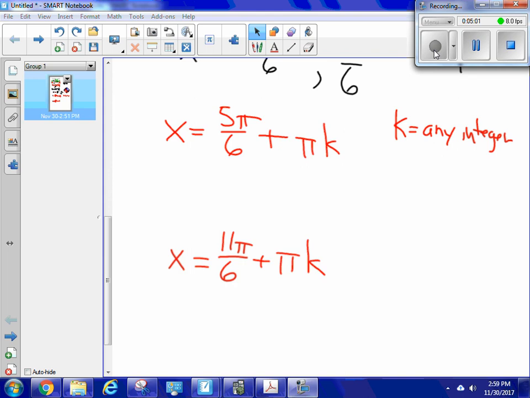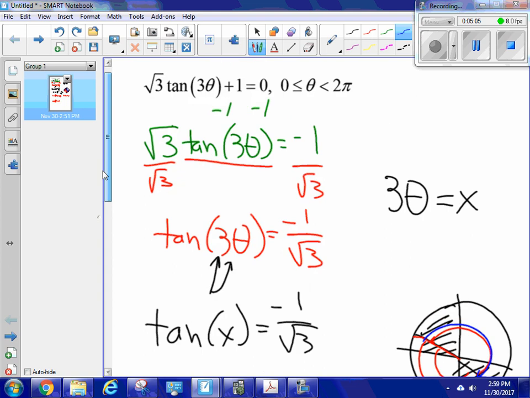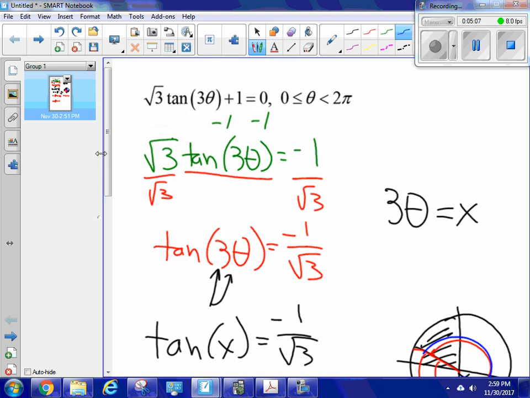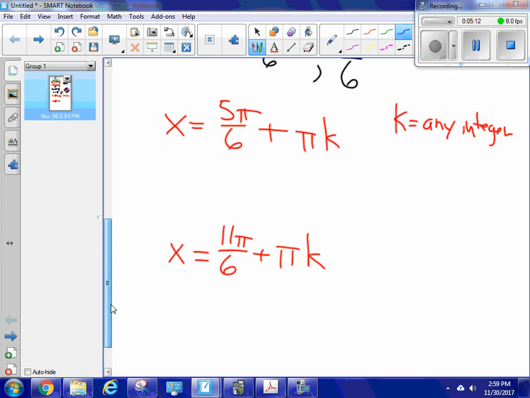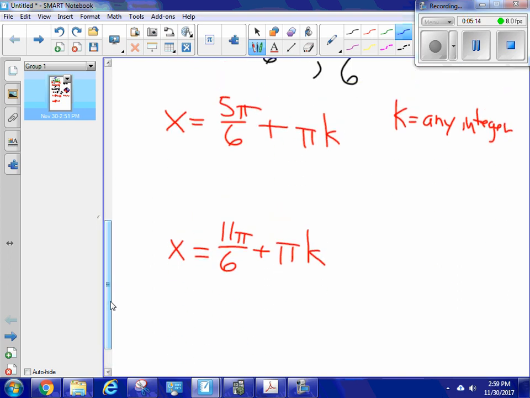Well, this is all well and good, except that if I go back to my original problem, I see it's asking me to solve for theta. And when I go to these two equations that I have, I don't see a theta anywhere.